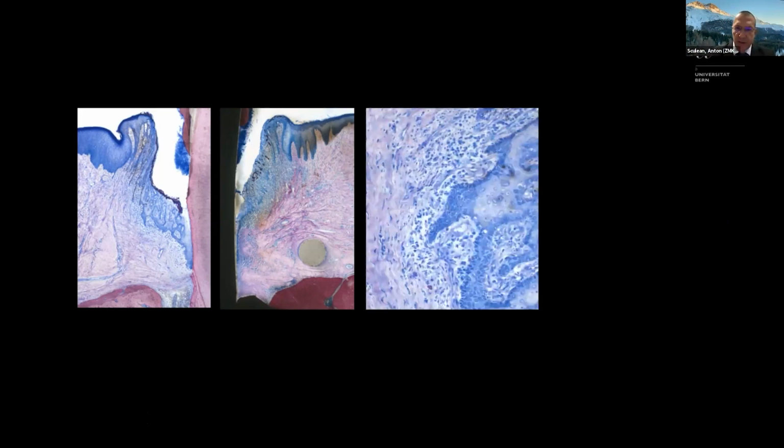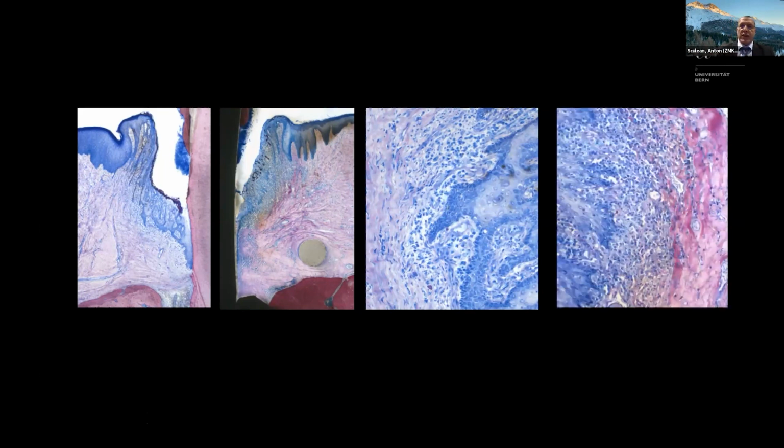And now when we look at the high magnification at the inflammatory infiltrate around the tooth, we see that we have an infiltrate, but also a connective tissue encapsulation of this infiltrate. When we look at the high magnification at the inflammatory infiltrate located at the implant, it is obvious that this inflammatory infiltrate is wider, it is not very well encapsulated, and we have a very fast progression of the inflammation, of the infection, towards the bone.